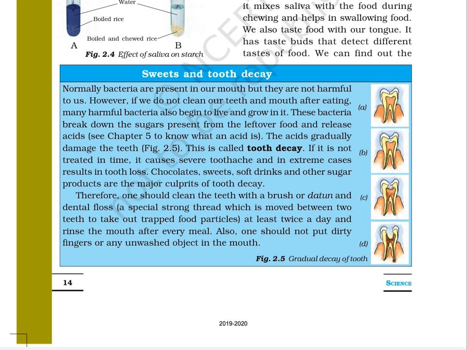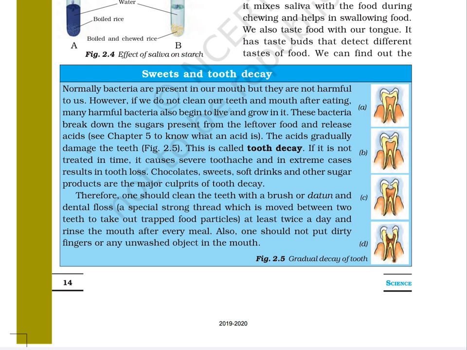If it is not treated in time, it causes severe toothache and, in extreme cases, results in tooth loss. Chocolates, sweets, soft drinks, and other sugar products are the major culprits of tooth decay.